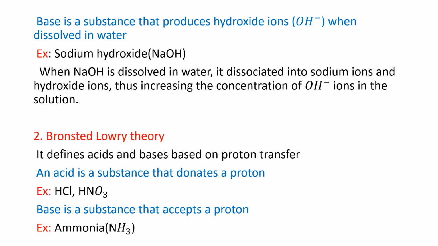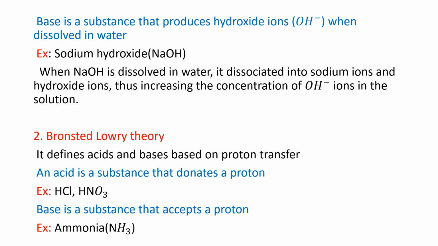That is, when the substance is put in aqueous media, only in that situation can we tell whether the species is an acid or a base. Therefore, it is unable to explain the acidic nature of some substances like silica, as well as the basic nature of some substances like ammonia, etc. So these are the important limitations of this Arrhenius acid-base theory.